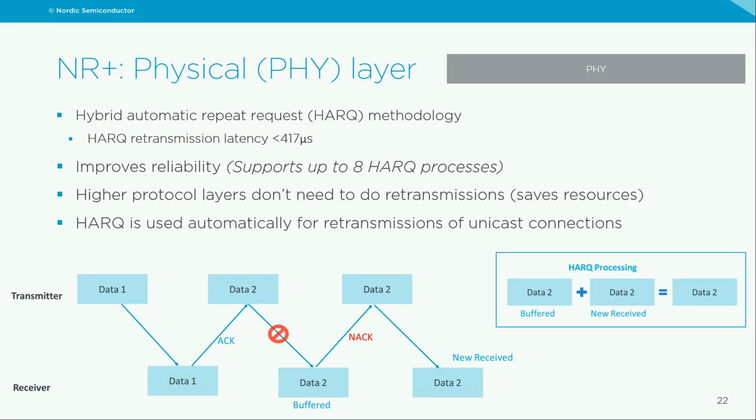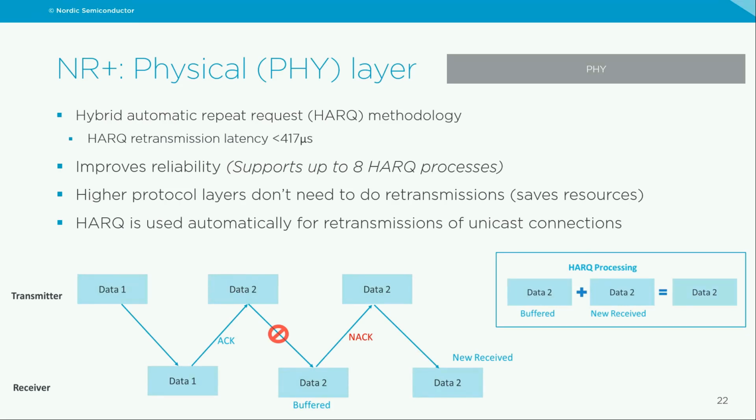Another nice feature in the physical layer is this hybrid automatic repeat request methodology. In the figure down here, you can see a transmitter and a receiver, and you send data 1 to the receiver. The receiver receives this and acknowledges this packet: okay, I received it, you can send the next data packet.